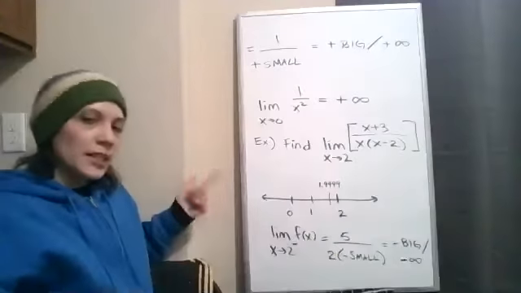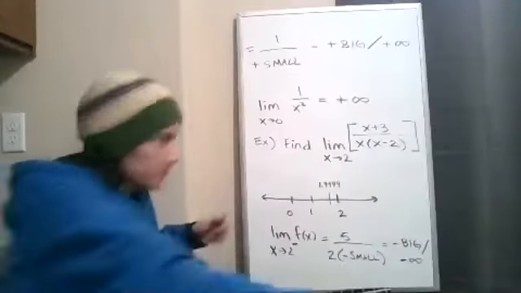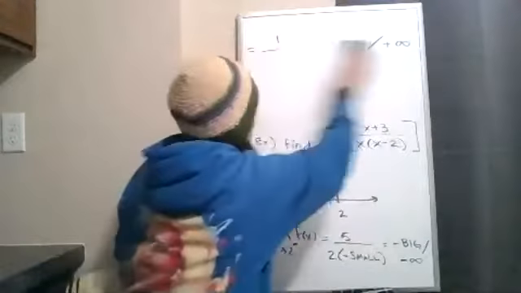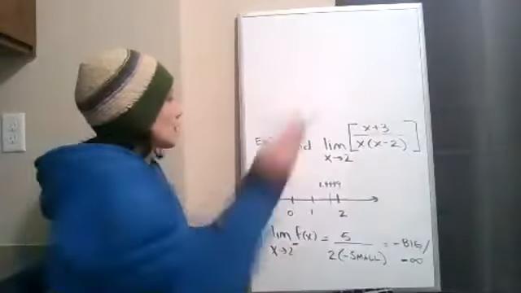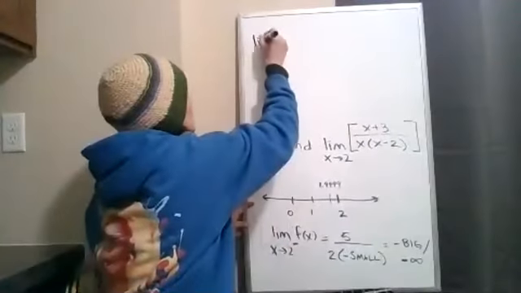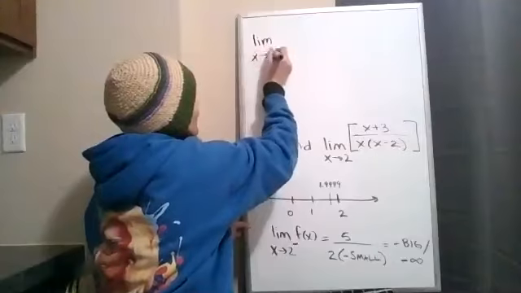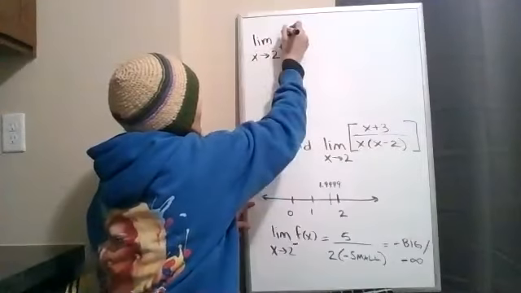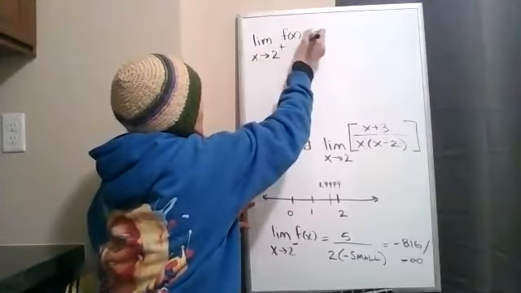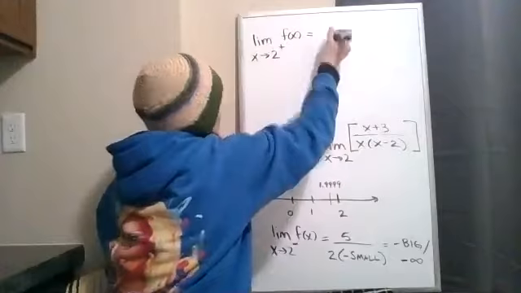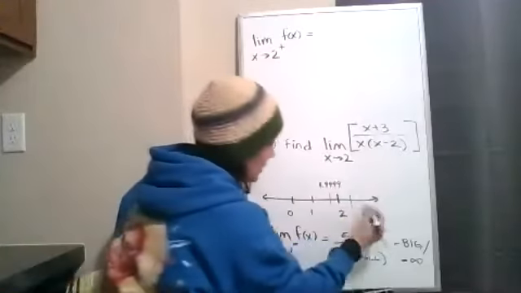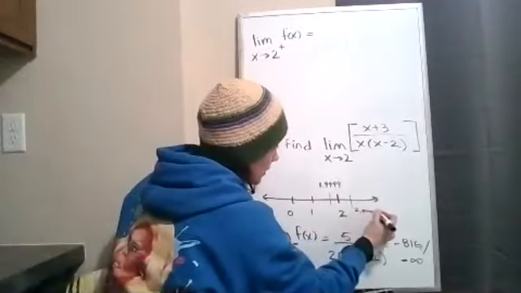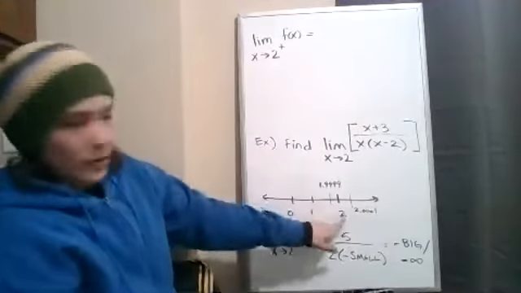Okay, we're going to take the limit as x goes to 2 from the right. So like 2.0001. So it's almost 2.